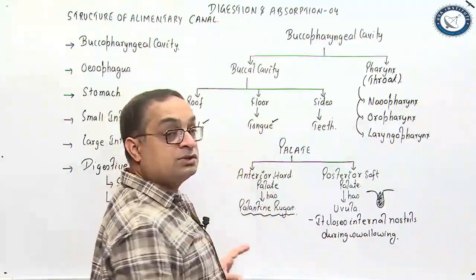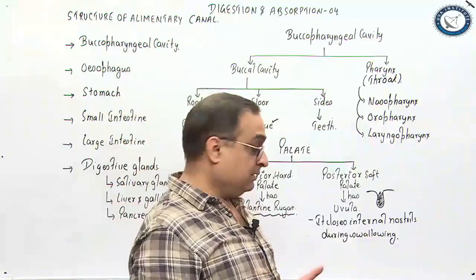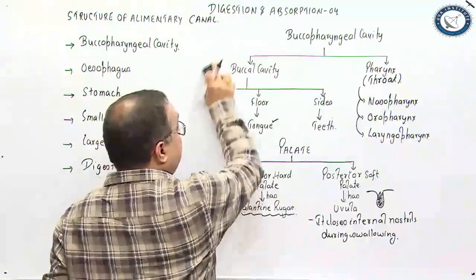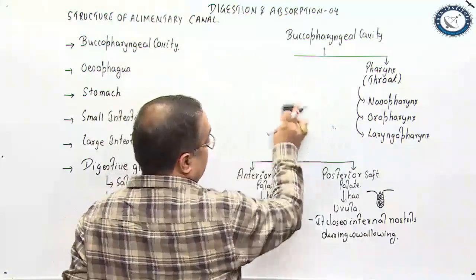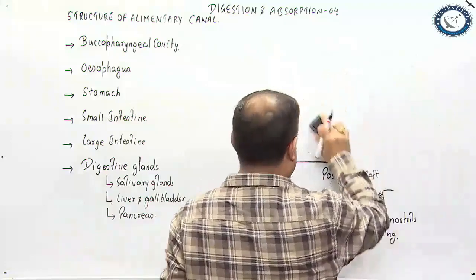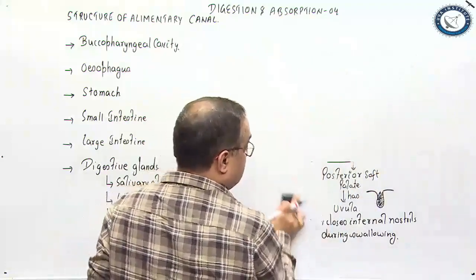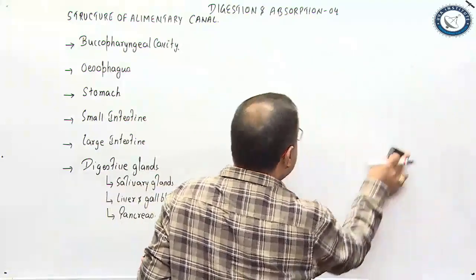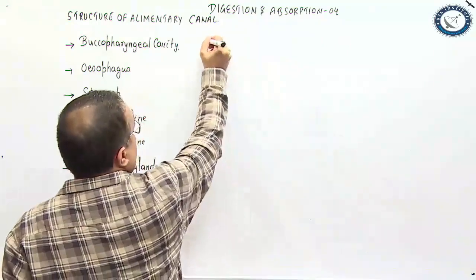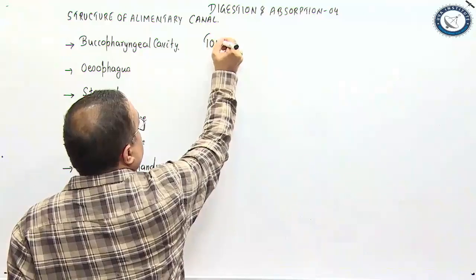Now let's discuss the structure of tongue. Tongue is a highly muscular, glandular and sensory structure. Tongue has skeletal muscles which are voluntary muscles.